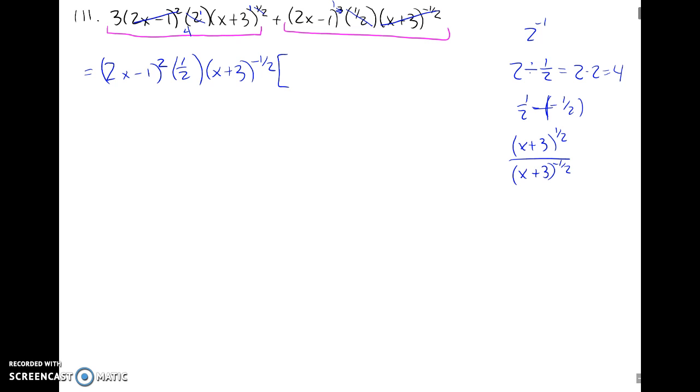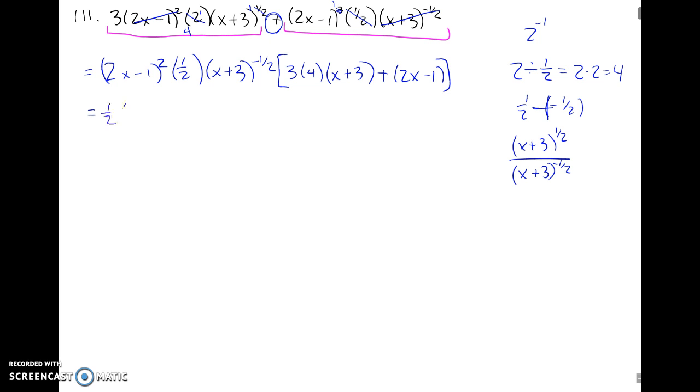So now big bracket, I have a 3, I have a 4, I have an x plus 3. Don't forget the plus. There's a plus there. We didn't take out a plus. And then I have a 2x minus 1. Close the bracket. Then we're going to simplify that bracket. I'm going to put the 1/2 in the front. I like the constants in the front. You can leave it there if you want, but I'm going to move it to the front.